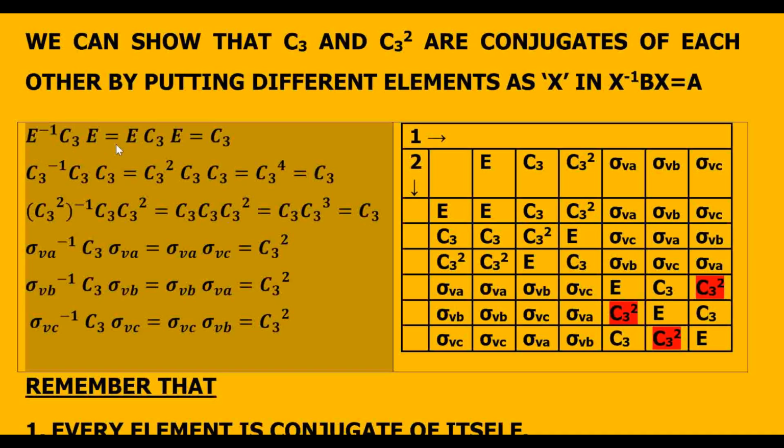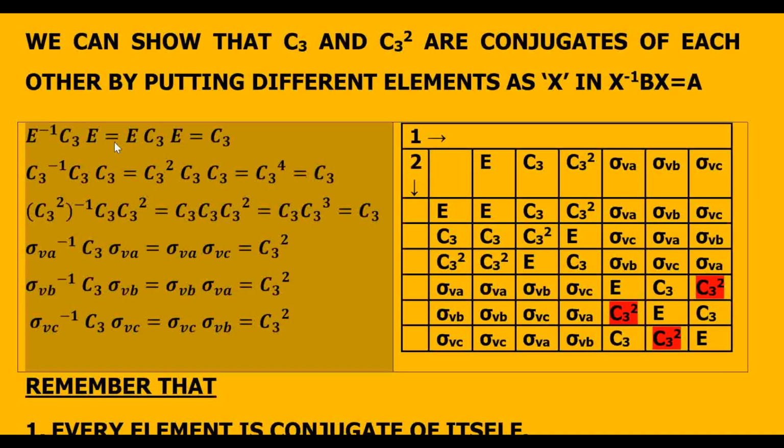Now you know that inverse of identity, E stands for identity, and identity means doing nothing, and inverse means reversing it. You do nothing and you reverse it, means you do nothing again.